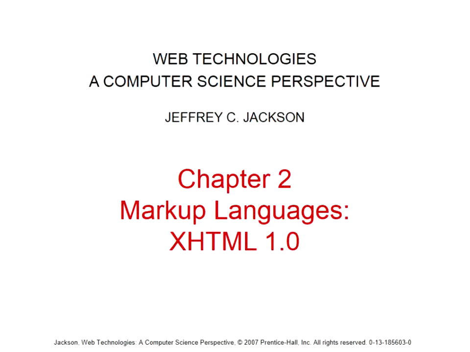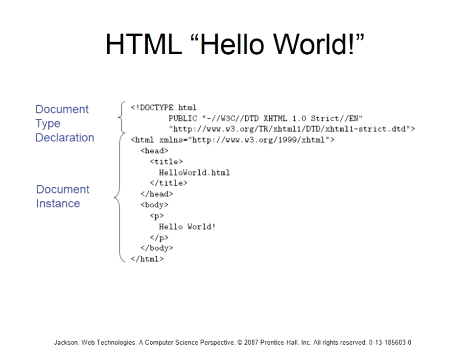After that, an HTML document contains two parts. What are these parts? The two parts are document type declaration and document instance.